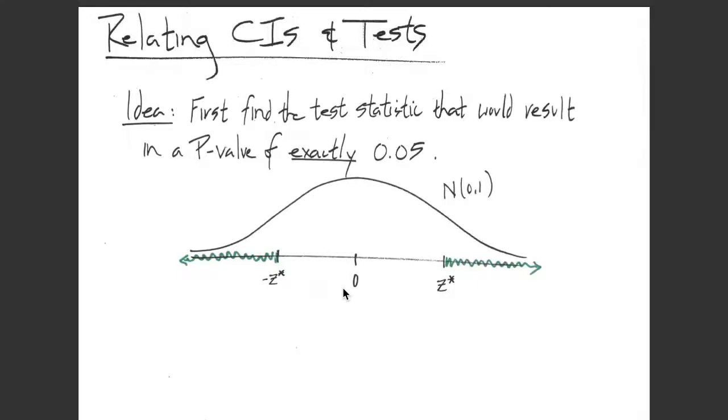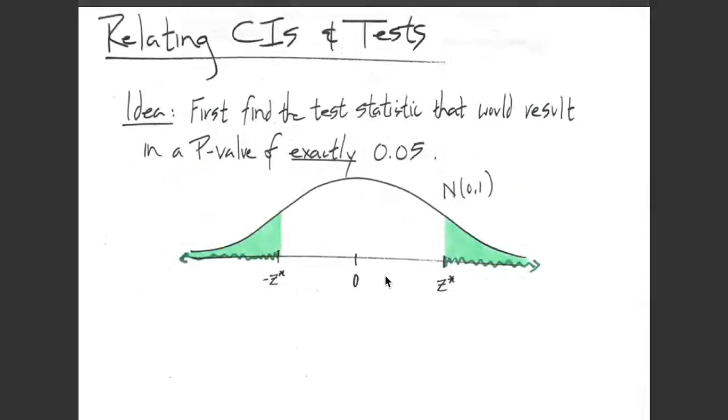Now, to have a p-value of 5%, you look at all z-scores that are at least as extreme as the ones you got. And remember, z-star and negative z-star mean whatever z-score we needed to get that 5% p-value.